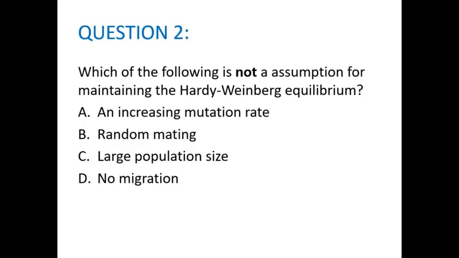Next, question number 2: which of the following is not an assumption for maintaining the Hardy-Weinberg equilibrium? Remember the five assumptions for the Hardy-Weinberg equilibrium. So the answer is an increasing mutation rate.